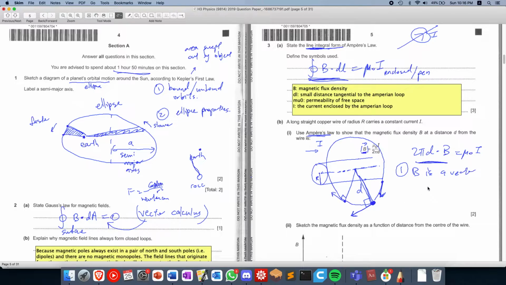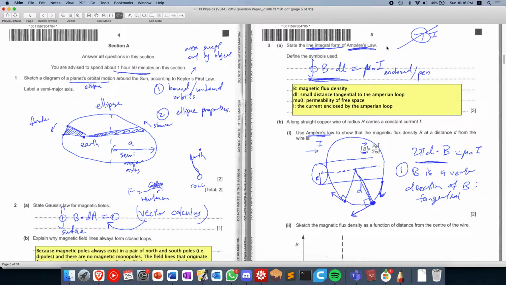Yes, and how do we know? So the direction of the vector is tangential. And how do we know? We know because of Biot-Savart. I think it's time to digress into Biot-Savart.